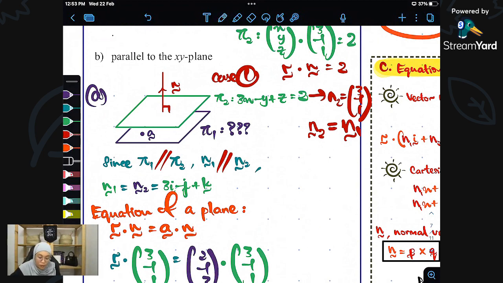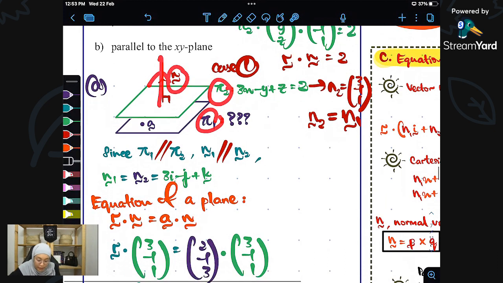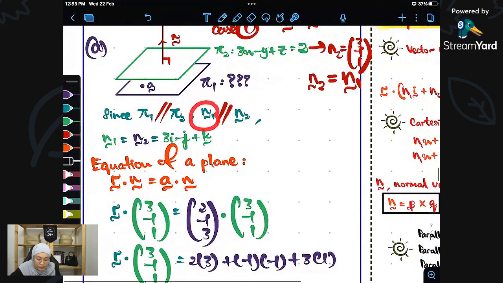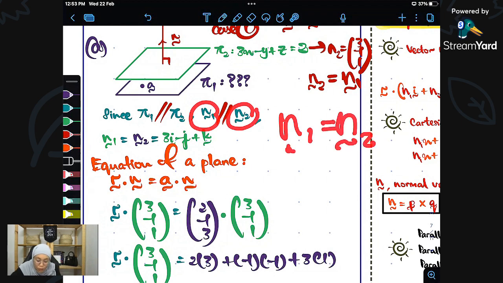Okay. So basically, you understand that the normal vector for both planes is the same. So I write here: since pi 1 is parallel to pi 2, therefore the normal vectors are also parallel, because both planes are parallel. Therefore normal vector 1 is equal to normal vector 2, which is what I said earlier.